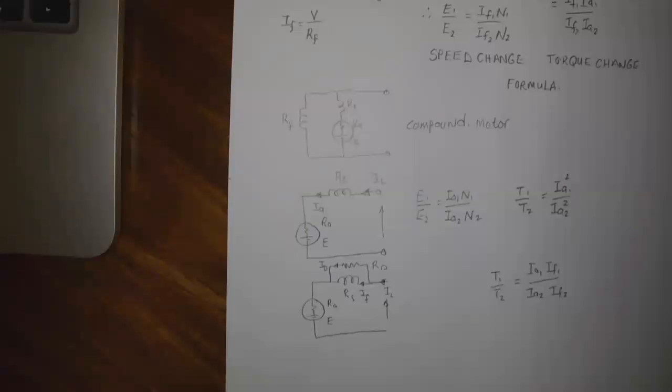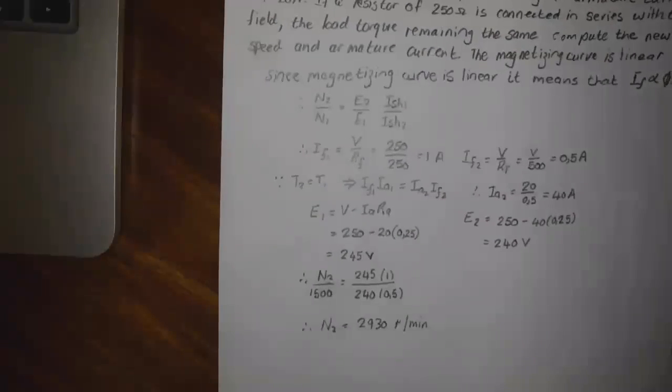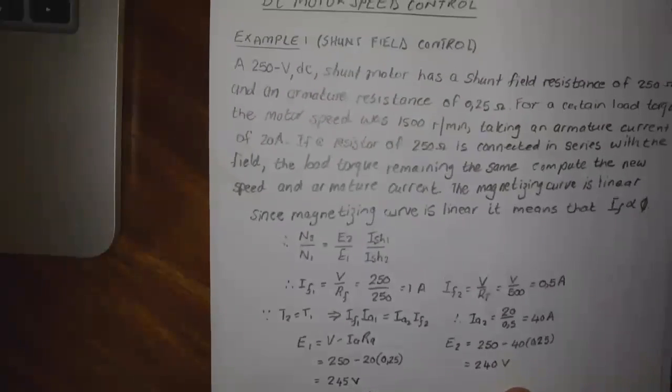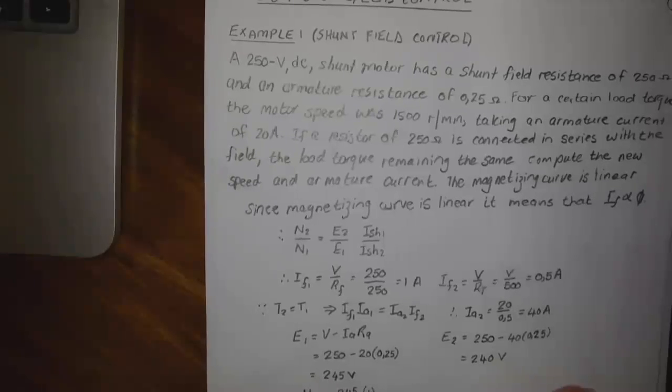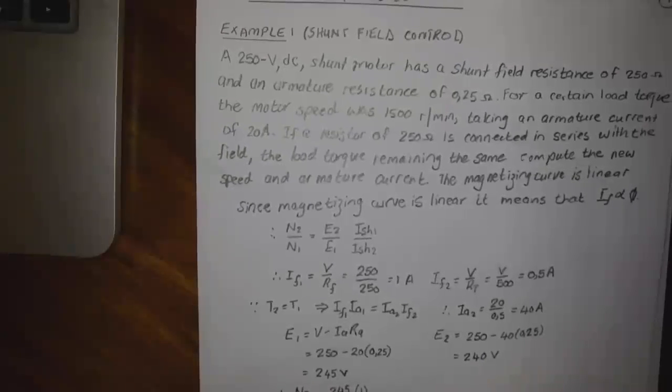So if we look at the first example, we have a 250 volt DC shunt motor with a shunt field resistance of 250 ohm and an armature resistance of 0.25 ohms. For a certain load torque, the motor speed was 1,500 revs per minute, taking an armature current of 20 amp.